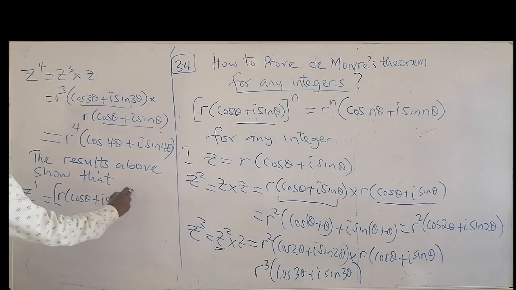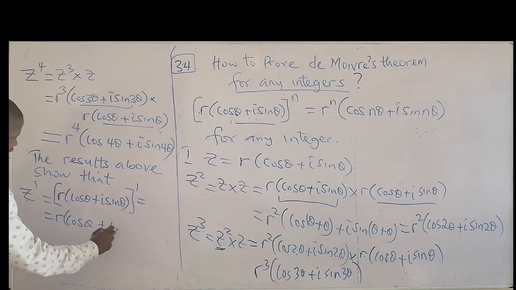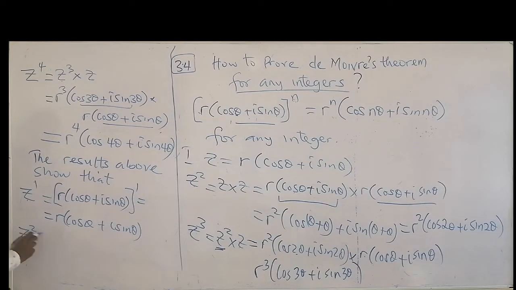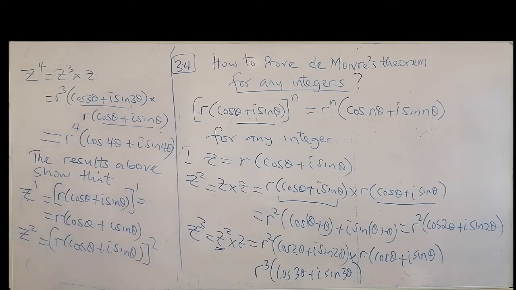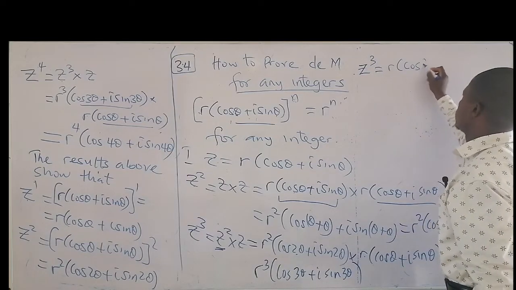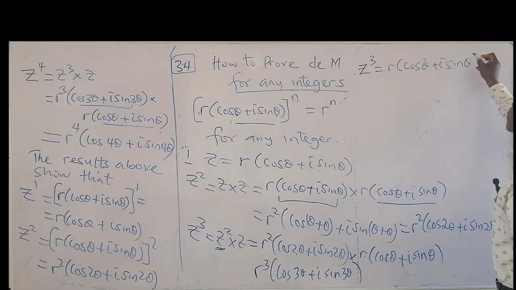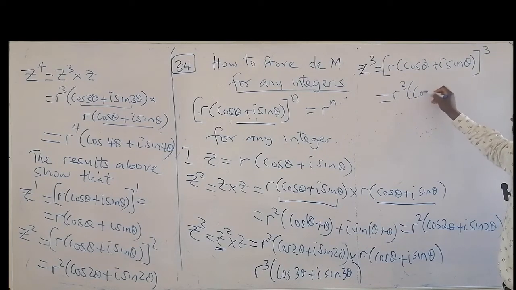Then z squared will be equal to r(cos theta plus i sin theta) all squared, and that will be r squared (cos 2 theta plus i sin 2 theta). Z cubed will be equal to r(cos theta plus i sin theta) to the power 3, and that will be equal to r cubed (cos 3 theta plus i sin 3 theta).